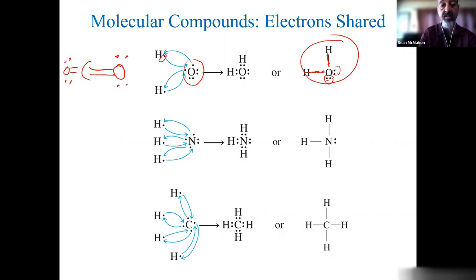The nitrogen has, in this case, we see 3 single bonds and 1 lone pair, or it could have a double and a single and a lone pair, or a triple because it still adds up to 3 bonds, 1 lone pair. So we see the double and the triple as an example in this particular structure.